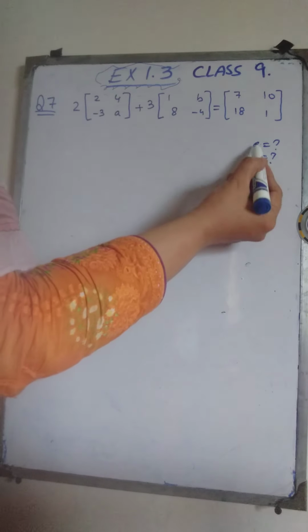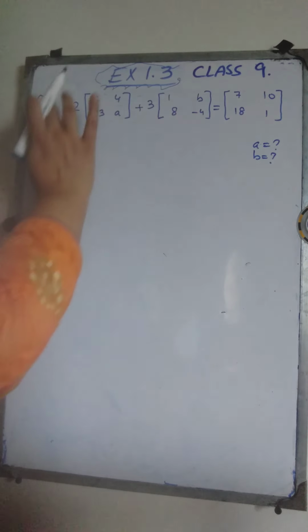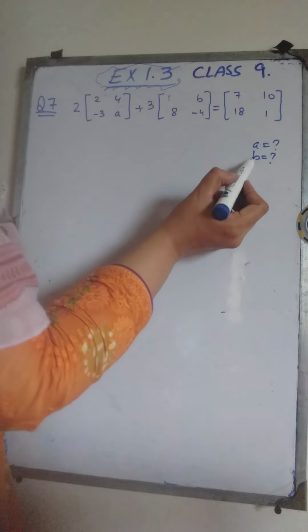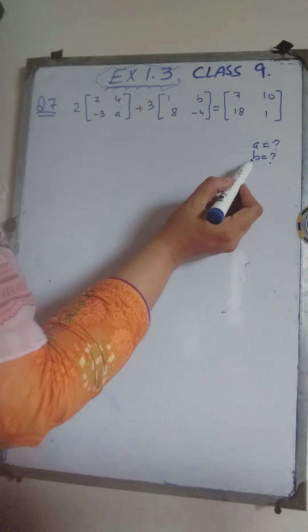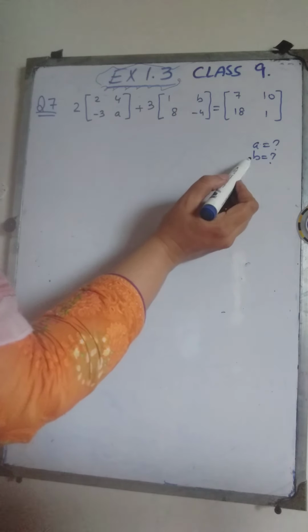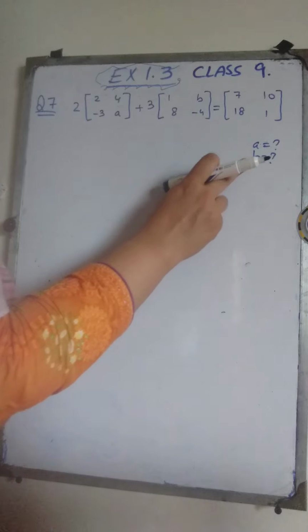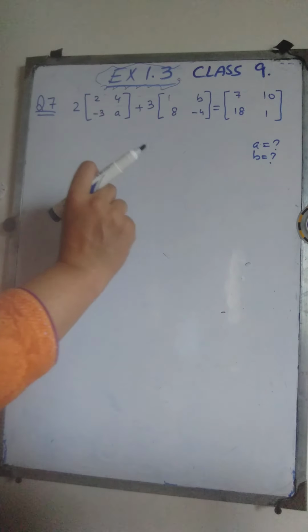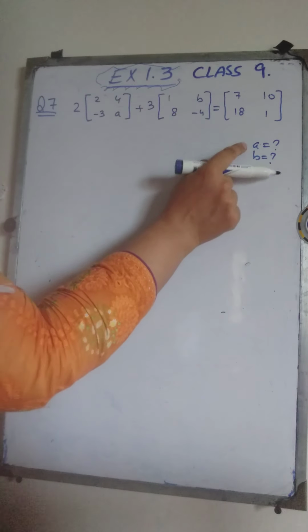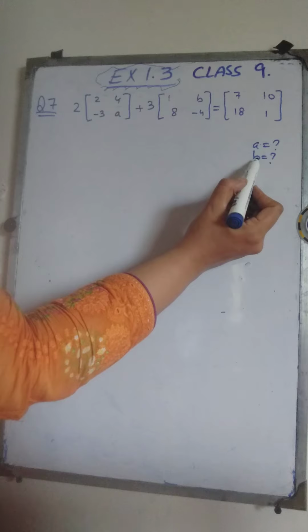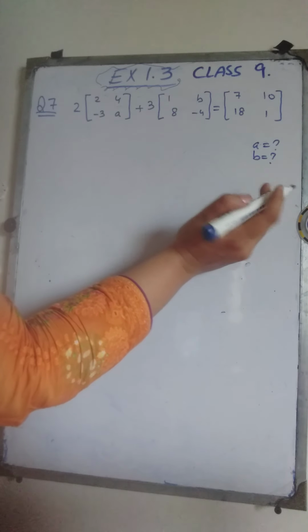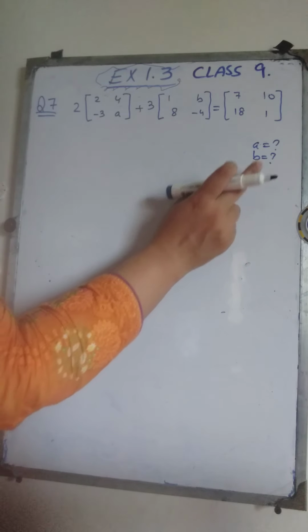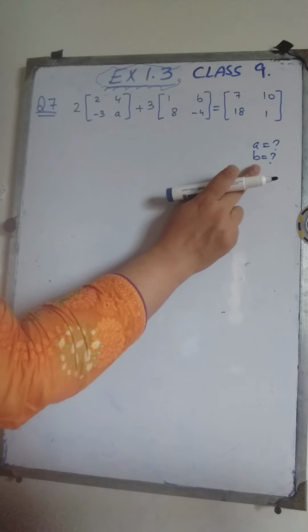This is given to us, this expression, and you have to find A and B with the help of this expression. In order to find unknowns, whenever you want to find unknowns, what we have to do is find equations in these unknowns. Like A and B, we need at least 2 equations to calculate the value of A and B. For 2 unknowns, we need 2 equations at least to find the value of both the numbers.